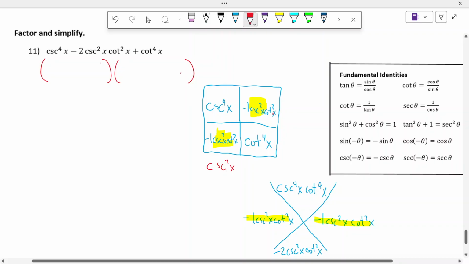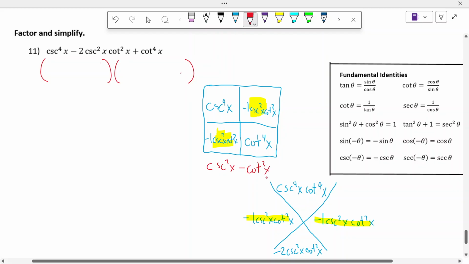Definitely cotangents, but this has a negative. If we think ahead, we're going to have a negative thing here and a negative thing here to multiply to make this positive. So I'm going to say there's technically a negative in this box. A negative is in common and 2 cotangents, cotangent square.